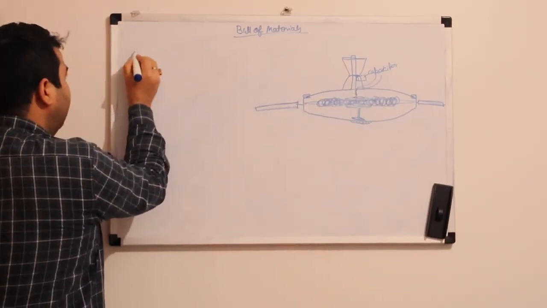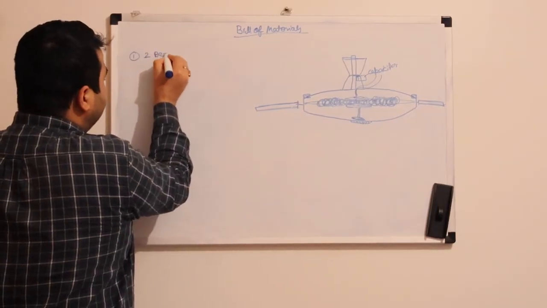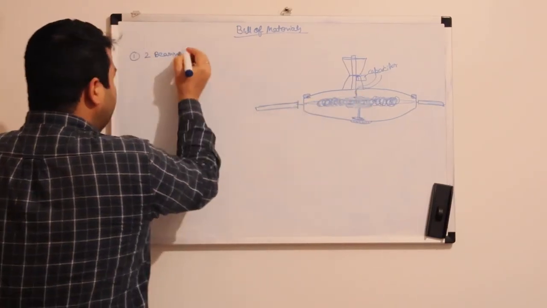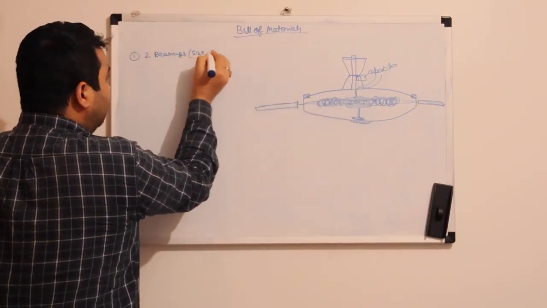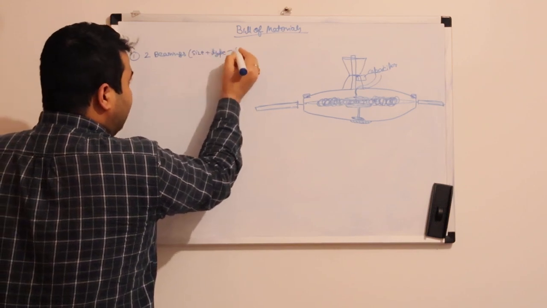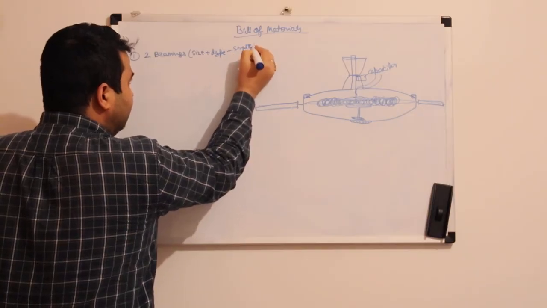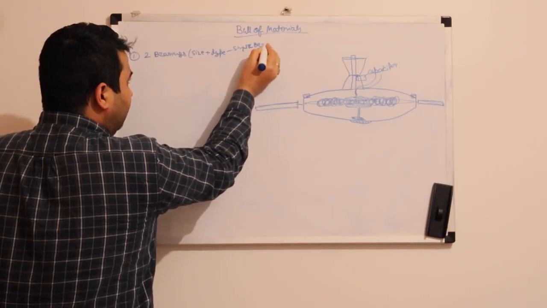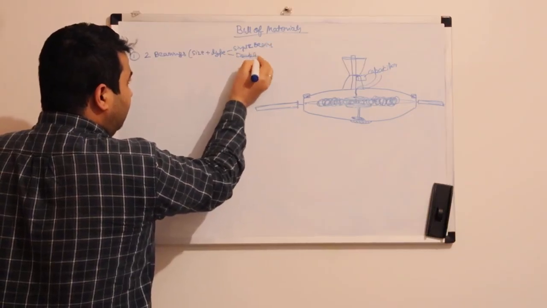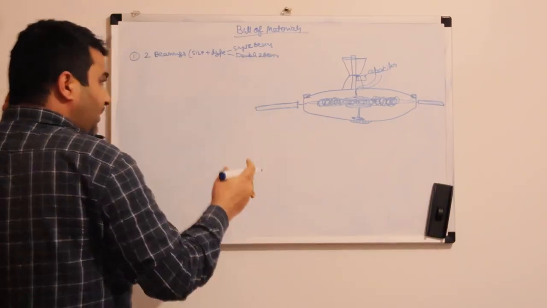Here we require, number one, two bearings of a specific size plus type. Type means like single Z bearing, double Z bearing.